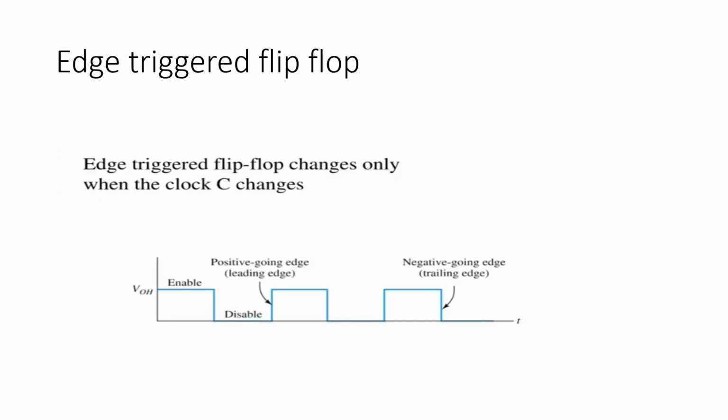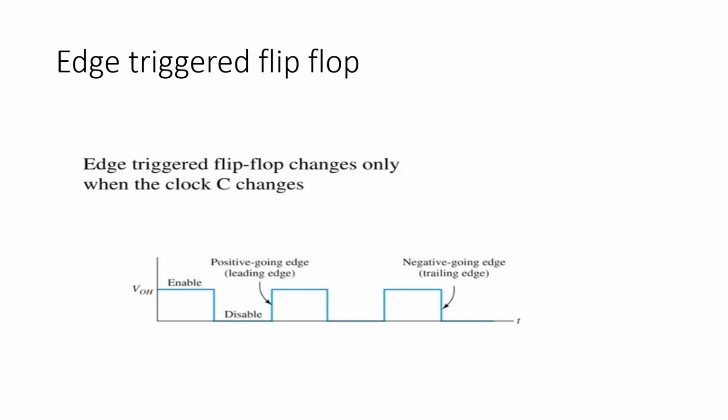Next is the edge triggered flip-flop. See, the problem with level triggering is if the clock stays high for a long time, the output may change multiple times. To avoid this, edge triggering is used. The flip-flop changes state only at the instant the clock changes. There are two edges here, positive edge and negative edge.